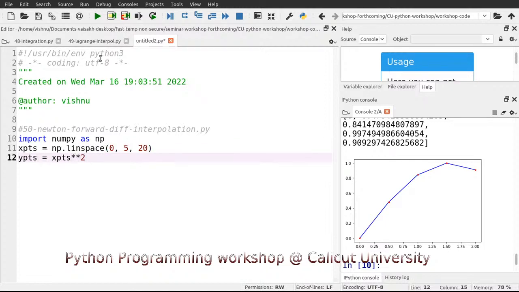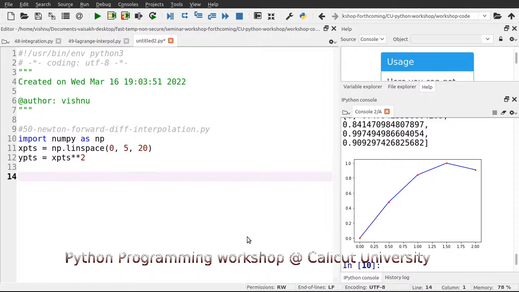The good thing with a numpy linspace generated or a range generated array is that you can straight away square. You can straight away apply functions like sine, but the sine imported from np. The usual sine from math cannot be applied. Sine imported from np can be applied. Okay, so this is computed.